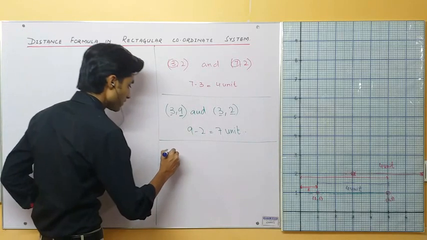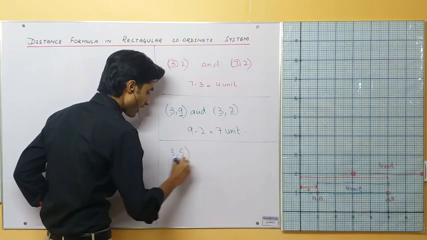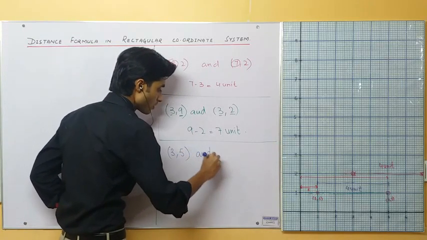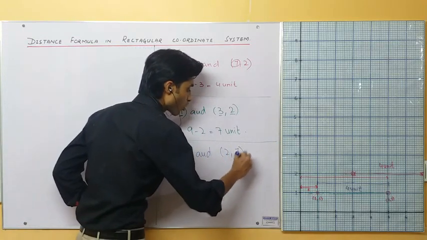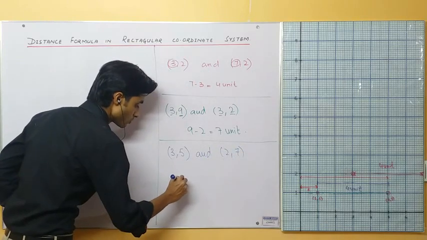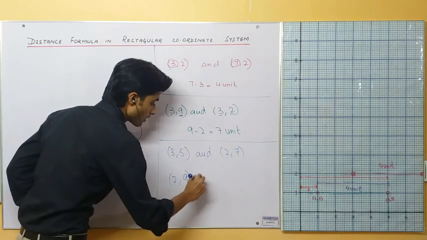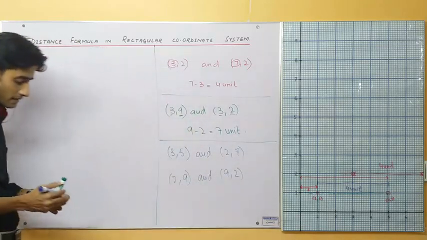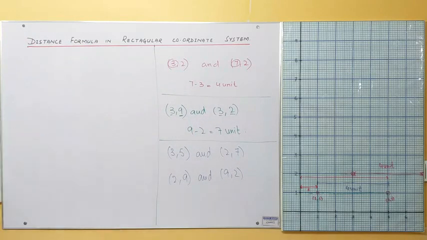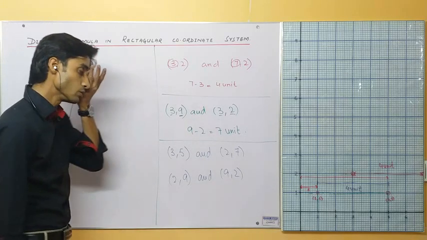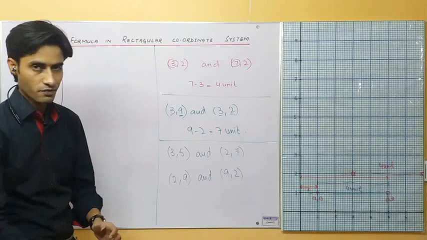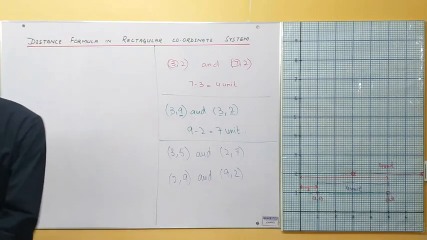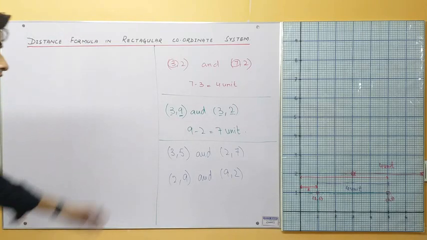You might get points like this, 3, 5 and 2, 7, maybe 2, 9 and let's say 9, 2. You can get these kind of points as well. But obviously when you have these kind of points, you cannot just take out the difference between any one of the components, because both the components are changing.